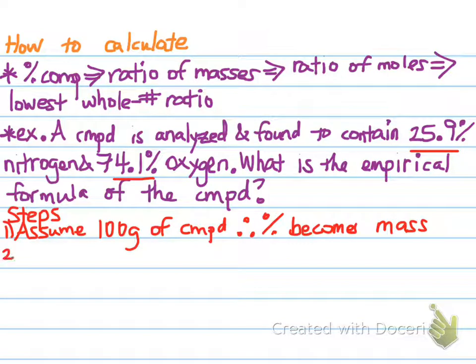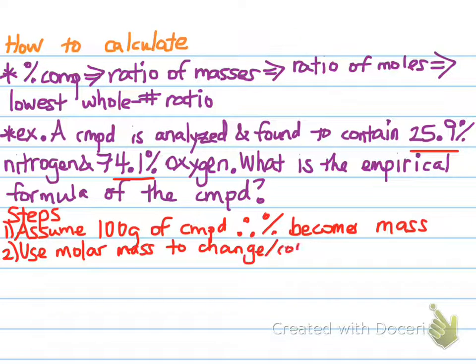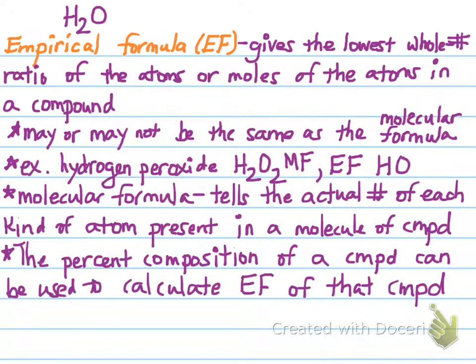Step number 2, we're going to use our molar mass conversion factor to convert mass to moles. Because remember, our definition back here of empirical formula was a lowest whole number ratio of moles of atoms.